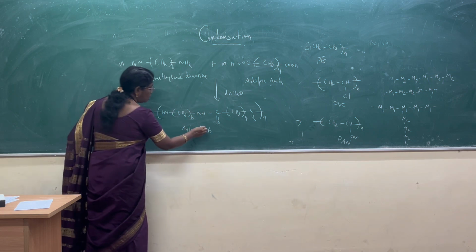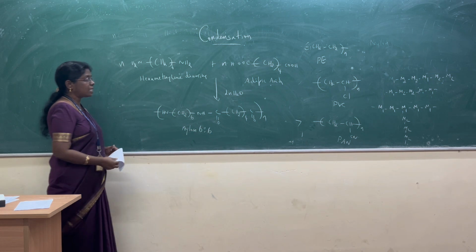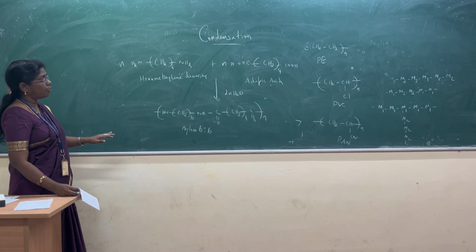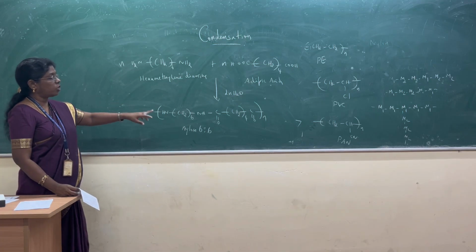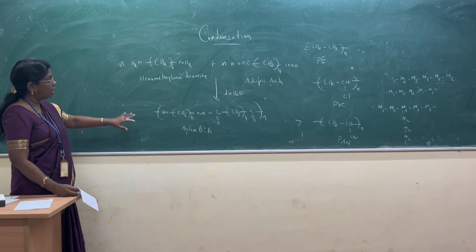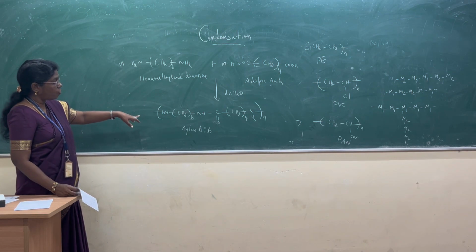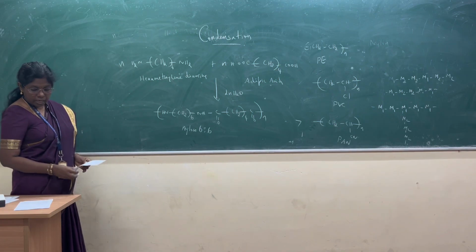The 6 stands for the number of carbon atoms. This is condensation polymerization with the elimination of small molecules like water.